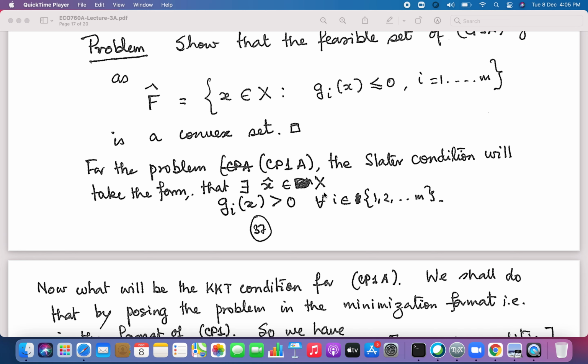But when it comes to g_i(x) greater than or equal to 0, we actually put it back into minus g_i(x) less than or equal to 0, and we look for an x star such that minus g_i(x star) is strictly less than 0. Which means g_i(x bar) is strictly greater than 0. So this is what I'll call the anti-Slater condition. When the system minus g_i(x) less than or equal to 0 satisfies the Slater condition, we will call that the anti-Slater condition, though here we are calling it the Slater condition for CP1A.